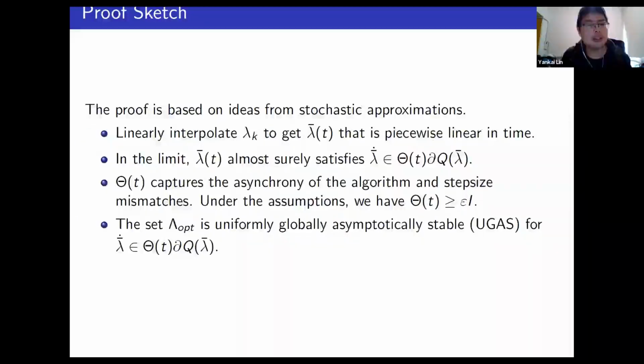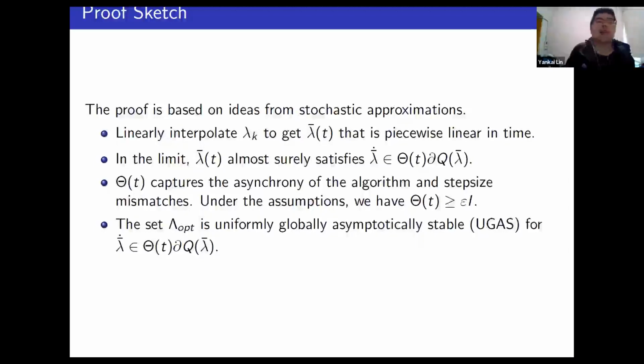So here is the proof sketch. The proof is a bit technical, so I'm not going to present the full proof here, but I'm going to present some ideas we use in the proof. As I said before, the proof is based on ideas from stochastic approximations. The first step we do is that we linearly interpolate the discrete time variable lambda k to get lambda bar t that's piecewise linear in time.